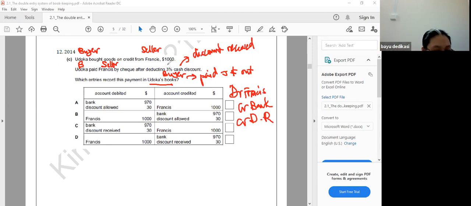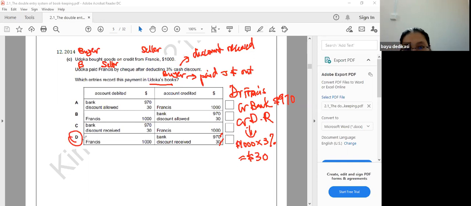So it's 1,000 times 3%, which is 30. So the net amount paid will be 970. So the amount, bank, and discount. Okay. Answer is D.